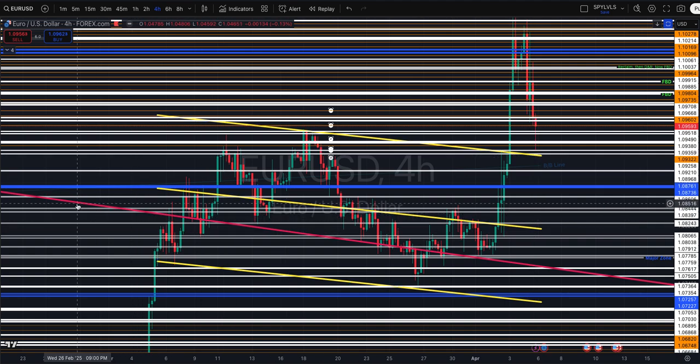I also want to discuss this pink line, which is a macro full bull flag from a while ago. We were inside of it for a while and we just are breaking out of it now.